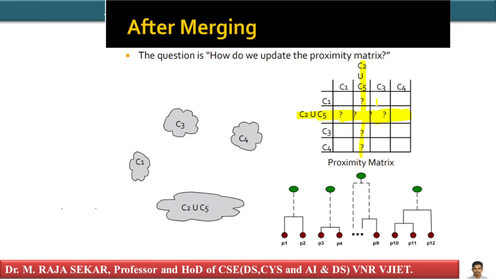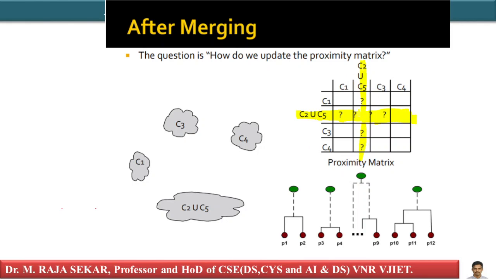After merging some steps, we have some clusters. Suppose you want to group cluster C2 and cluster C5. So what happens to your proximity matrix? Now your proximity matrix has C2 union C5 as a new entry. Now you have to recompute this particular row and this particular column, isn't it?